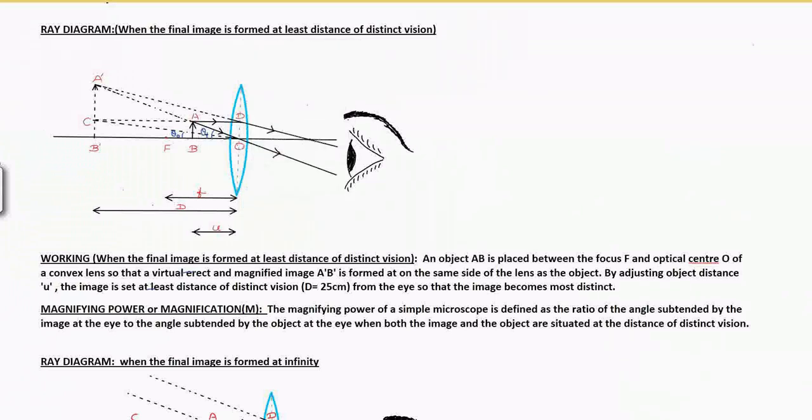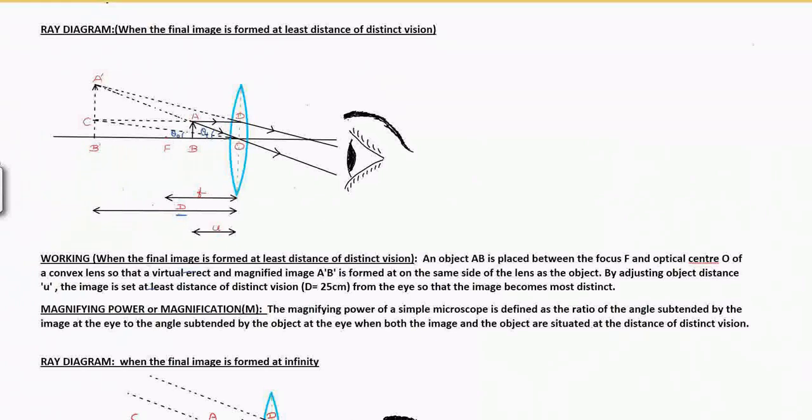As it lies between the optical center and the focus, the image is virtual, erect and magnified. This B dash A dash is the image of the object AB, and the object is so adjusted that this image A dash B dash is formed at the least distance of distinct vision, which is mentioned here as capital D.